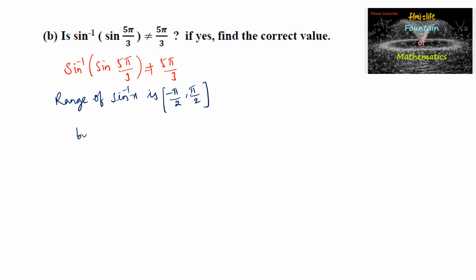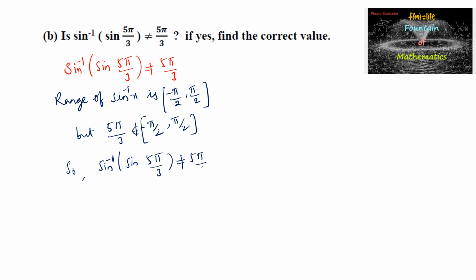But here 5 pi by 3 value is not belonging to minus pi by 2 to plus pi by 2. And hence we can say that sine inverse of sine 5 pi by 3 is not equal to 5 pi by 3.